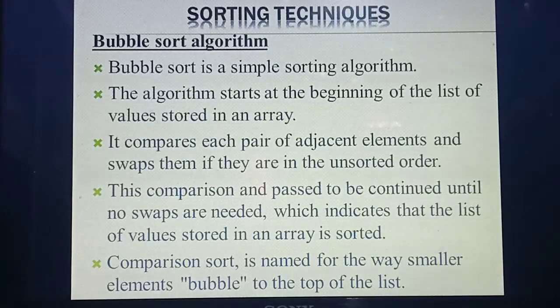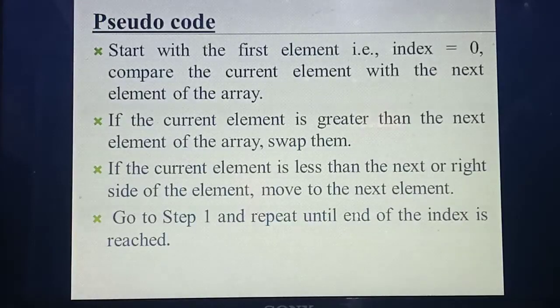This comparison continues till no swaps are needed, meaning all the elements are arranged in some order. After that, no need to swap anything. Why do we call it a bubble? Because you show something in a bubble and draw an arrow mark at the top. Understood?